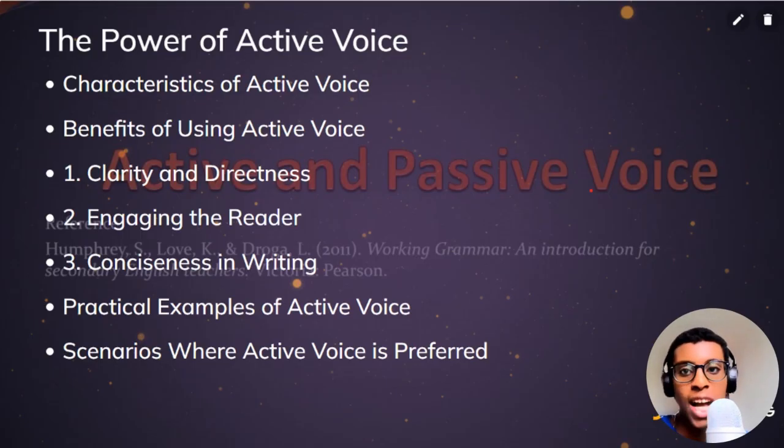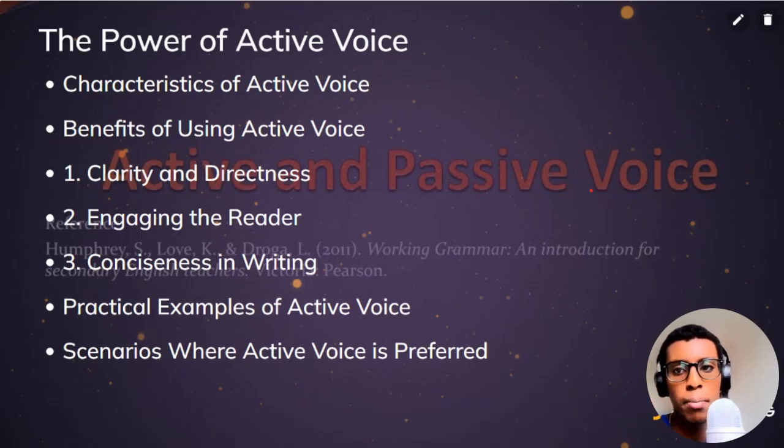The active voice has a direct, clear tone, making your sentences concise, powerful, and impactful as well. You should use active voice when you want your reader to focus on the subject of your sentence and what the subject is doing, rather than on the action's target. For example, if you're writing a story or trying to persuade someone, active voice can make your statements stronger and engaging.